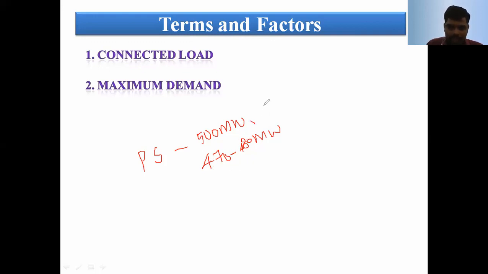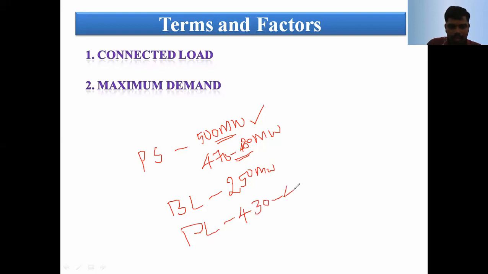Here in this power station, either a thermal power plant or a nuclear power plant, the plant capacity is 500 megawatt, but they are generating 470 to 480 megawatt. In the particular plant, the base load is 250 megawatt, and the peak load is 430 to 450 megawatt.